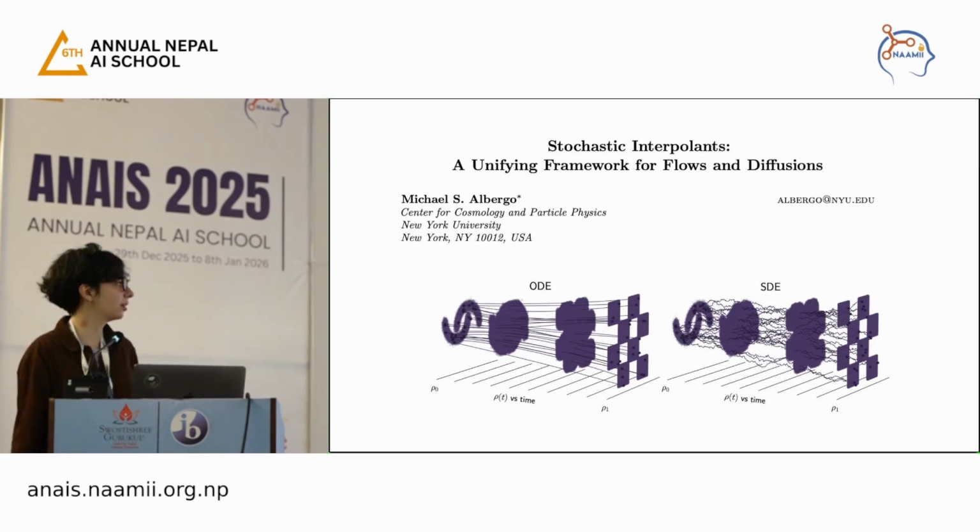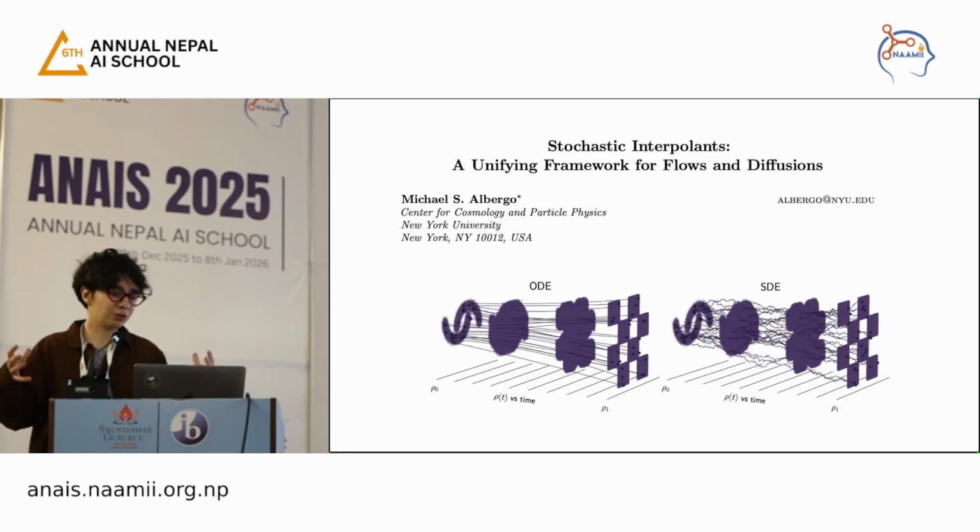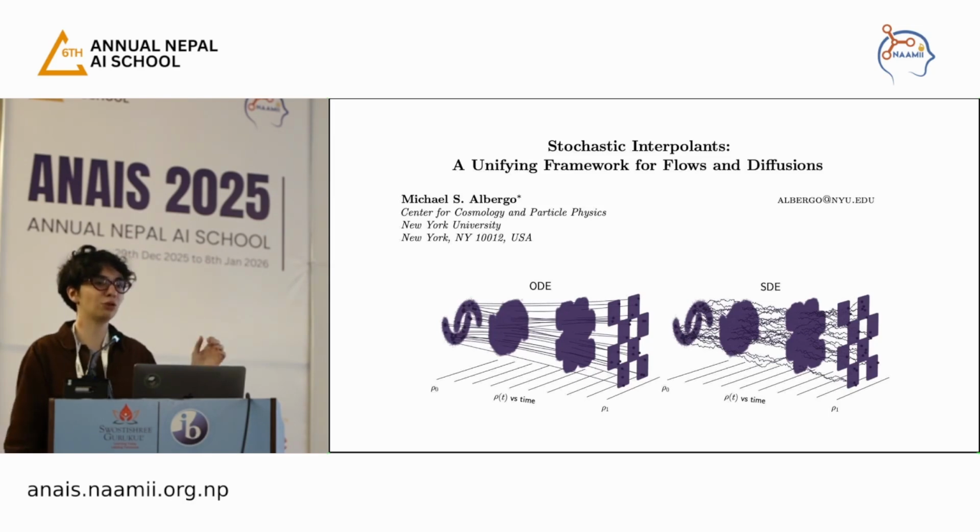This paper came 2 years ago, and it brought flow matching people together with diffusion model people to have a common denominator and fight against generating data together. If you are interested in how this works, I really recommend this paper, and I think you should check it out.